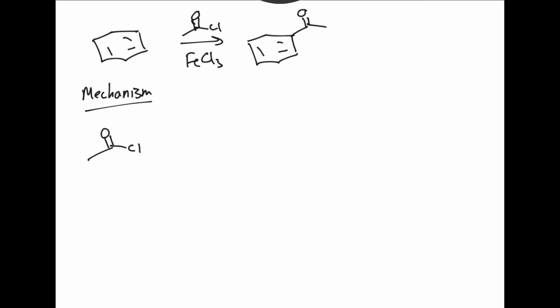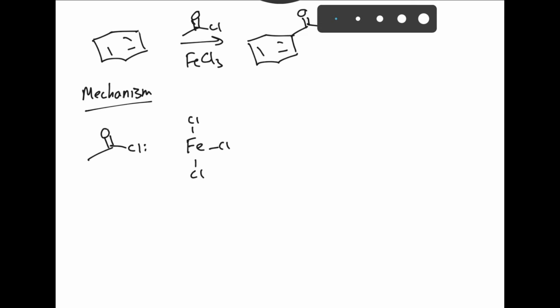So the beginnings are the same. You've only drawn this step like a million times now. It should be ingrained in your brain. You're like, oh, metal with 3 halogens around it. A halogen, got to make a bond to it.